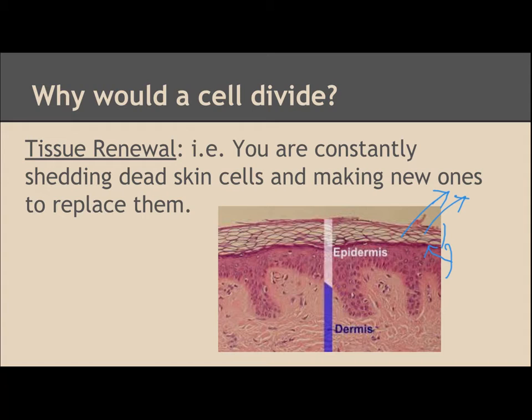They're sort of getting digested a little bit, so you always need to be making new ones to replace those ones that are getting sloughed off or damaged, digested in your stomach. Similarly, there are cells that are growing your hair, and those are constantly needing to make new cells and be replaced. So tissue renewal is one reason for cell division.